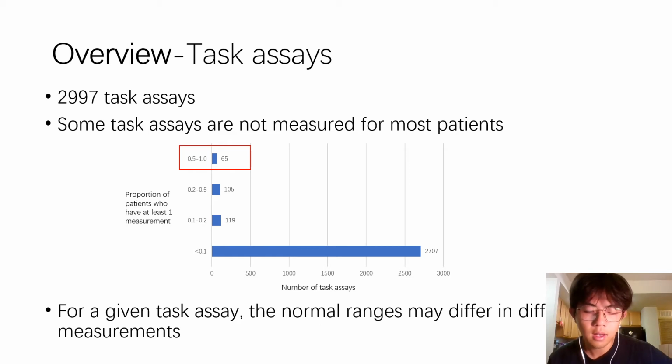You can find that there are about 2,700 assays measured in under 10% of patients, and only 65 assays are measured in at least half of the patients. So in our experiments, we only use these assays to construct our input feature space. Besides, similar to the PTHrP result values, for another given assay, the normal range may be different in each measurement due to different hospitals or devices, so we do some normalization before we start the training.